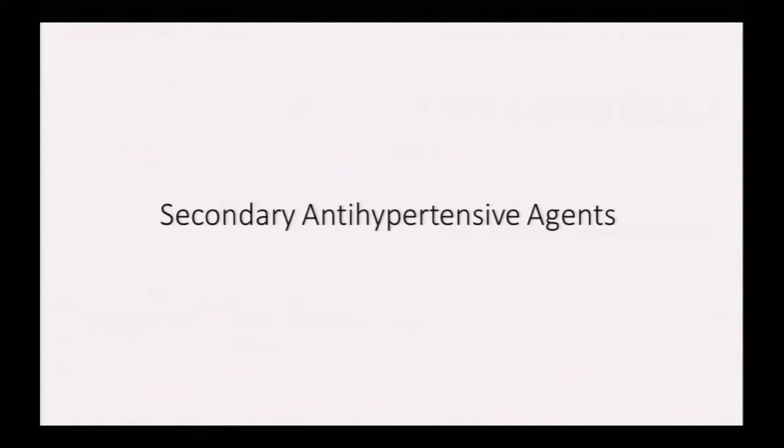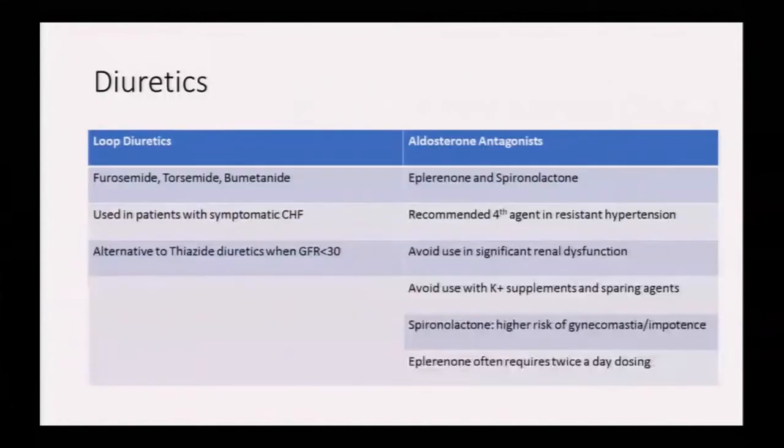Okay, we go to secondary agents next, and we'll talk about diuretics first. I'm going to talk about two types of those diuretics, the loop diuretics and the aldosterone antagonists. In the loop diuretics, there are furosemide, torsemide, bumetanide that we can use, and we're all familiar with them.